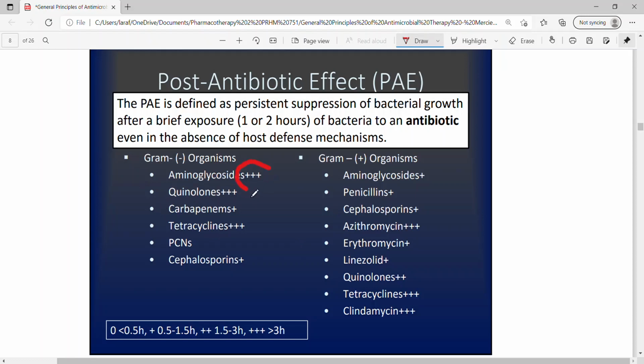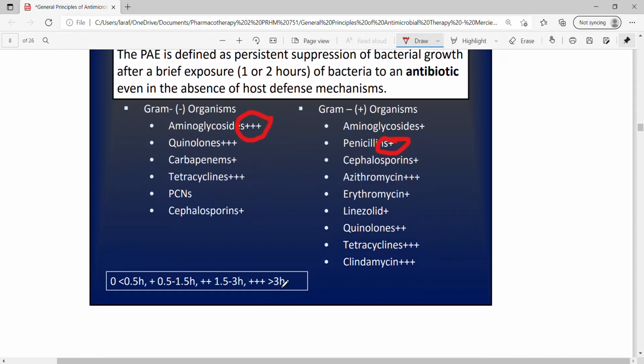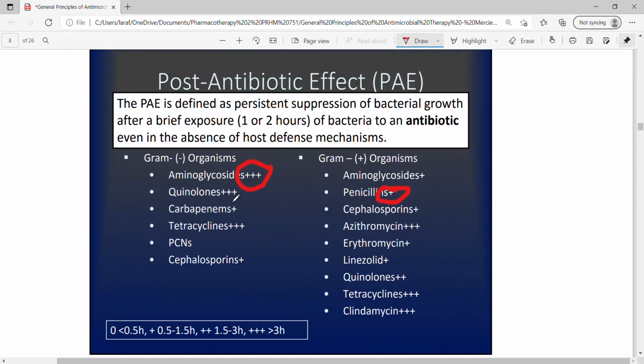As you can see, some of them have more of an effect, some don't have an effect, and penicillin has a little bit of an effect. Aminoglycosides has this triple plus right here, which means the post-antibiotic effect is greater than that of something like penicillin.